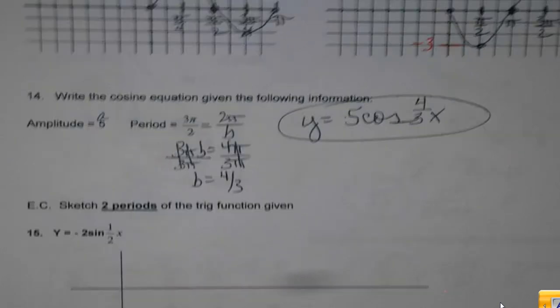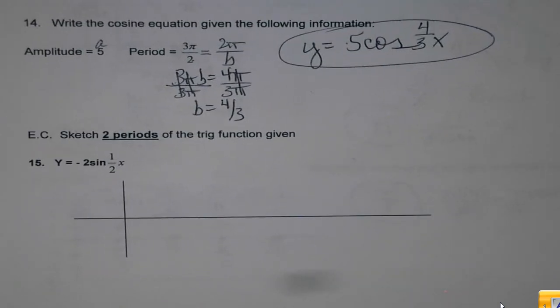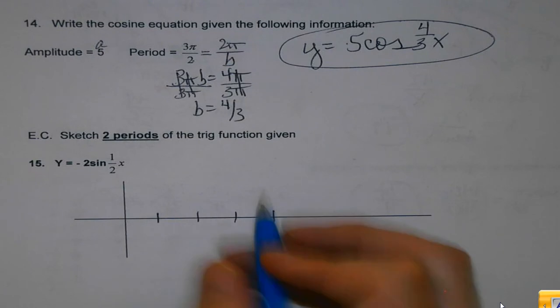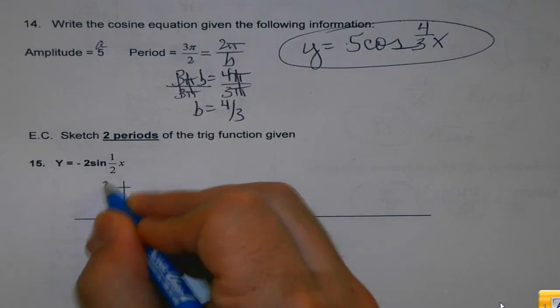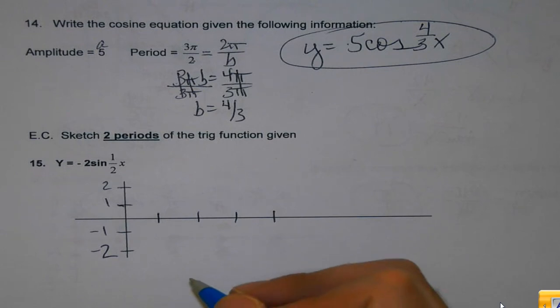And then the extra credit in the quiz, not in the preview, okay, is sketch 2 periods of the trig function. Can you extend the pattern? So I'm like, all right. What do we got here? So I got a sine graph, okay.